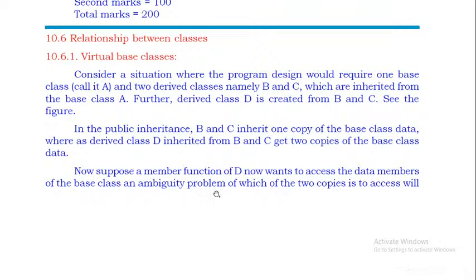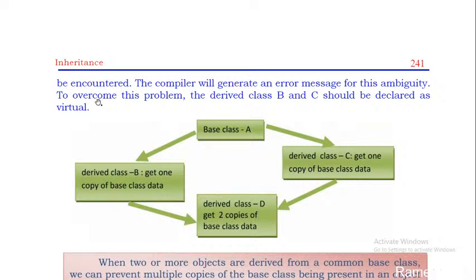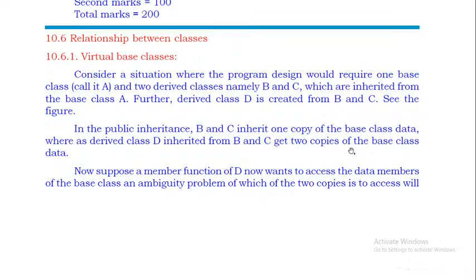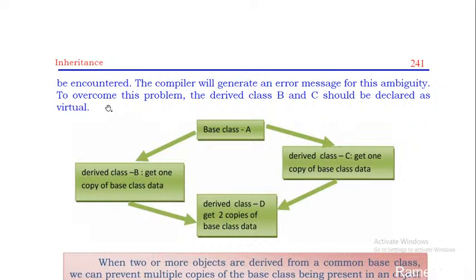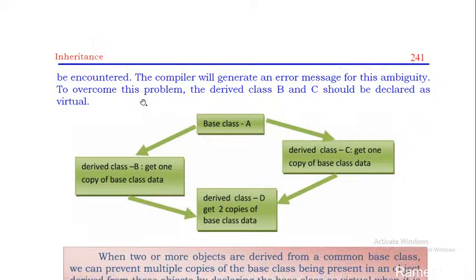Ambiguity about which of the two copies is to be accessed will be encountered. So the compiler will generate an error message for this ambiguity. So when I want to access the data from the base class from the derived class, an ambiguity will occur.